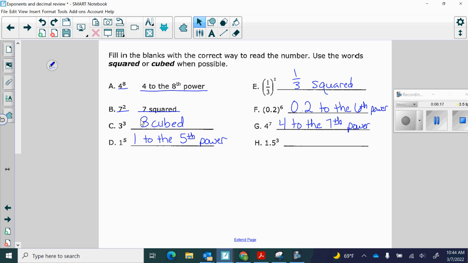And 1 and 5/10 with an exponent of 3. Yes, 1 and 5/10 cubed. Good job.